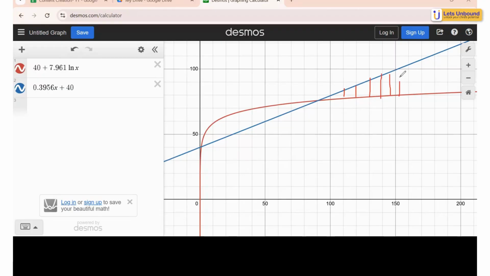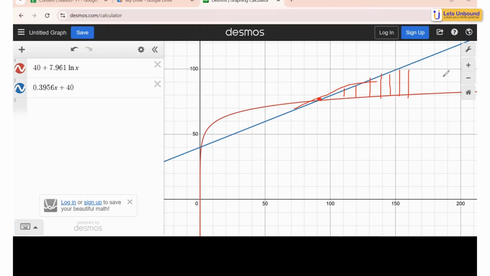We can say the logarithmic graph is a concave down graph, and after 91 days, which is this point of intersection, the logarithmic graph's growth becomes more steady or is stagnant. However, since we have a linear approximation, its growth keeps increasing. Therefore, the error between the two approximations, one using the logarithmic model and the other using the linear approximation model, keeps increasing after 91 days.